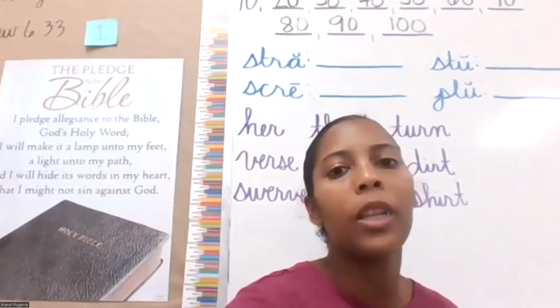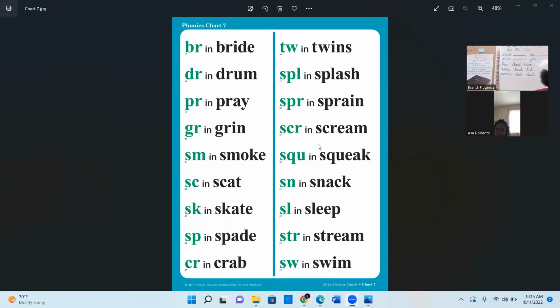BR says burr, and bride. DR says dr, and drum. PR says purr, and pray. GR says gur, and grin. SM says smoke.